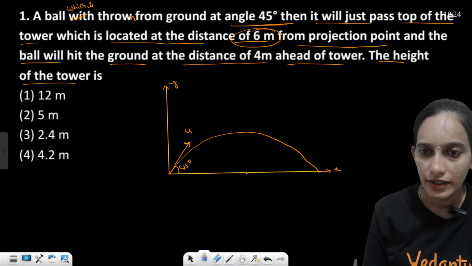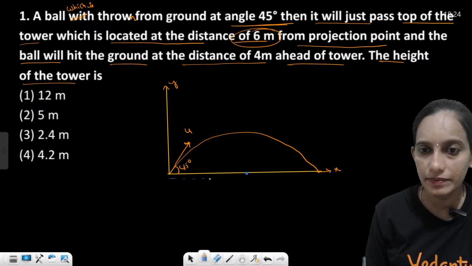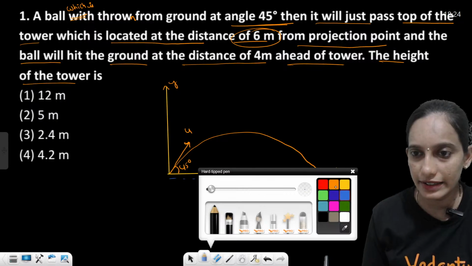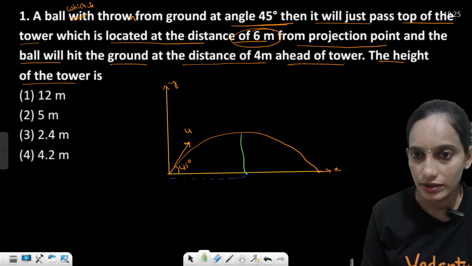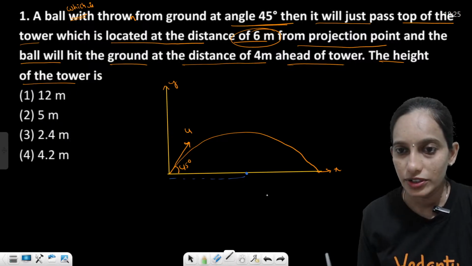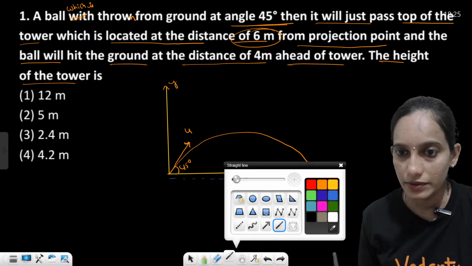Somewhere here we have 6 meter, let us say. There is this tower. Or let me just draw a box. That's better.